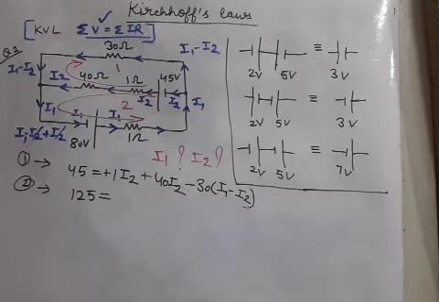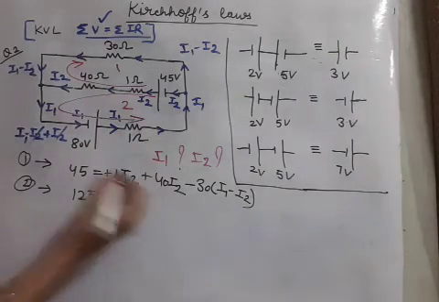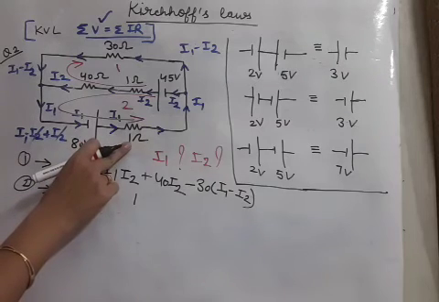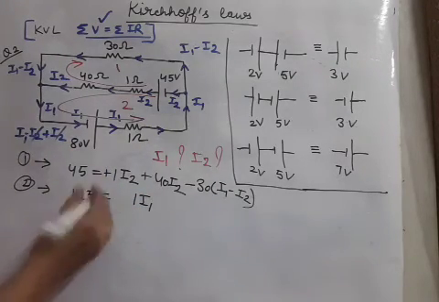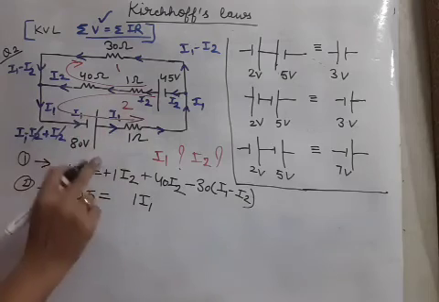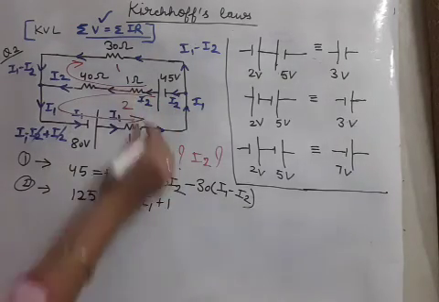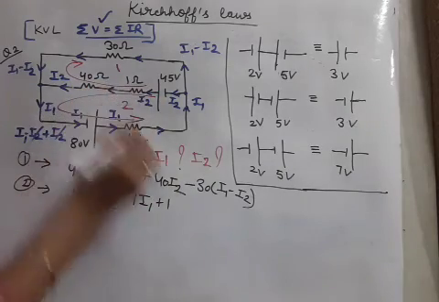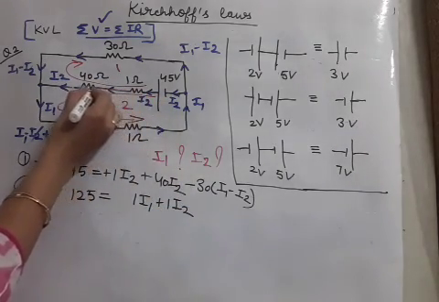Now let us apply KVL. So let us start. Suppose we start with 1 ohm. In 1 ohm the current is I1 and in the same direction which we have marked. Then comes 1 ohm again. In this 1 ohm the current is I2 and in the same direction.